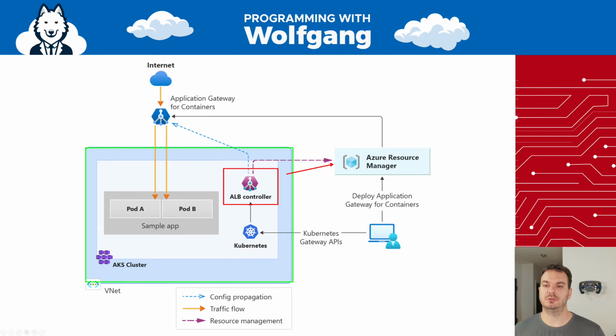With this configuration, we were able to create our application gateway for containers here in the blue box. This means from now on, we can use the application gateway to do the resource intensive work, for example, TLS termination, routing, and so on. This means our AKS cluster doesn't need these resources.